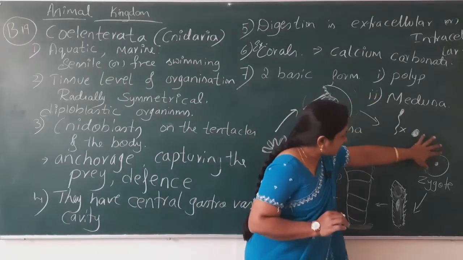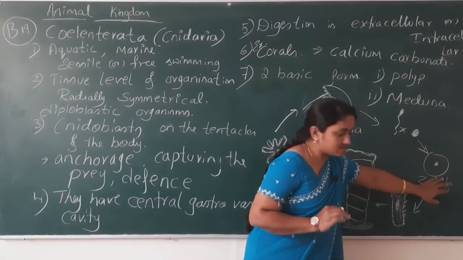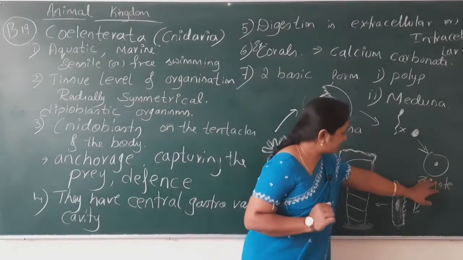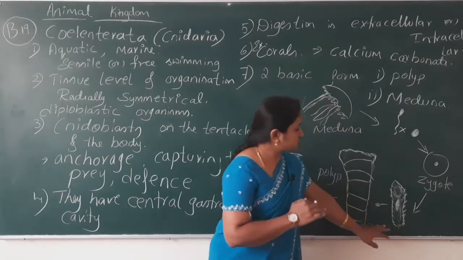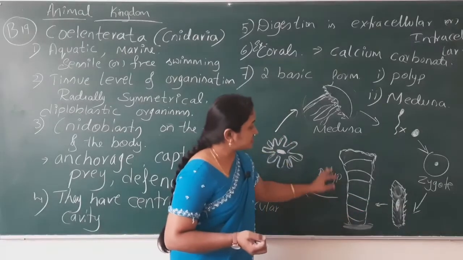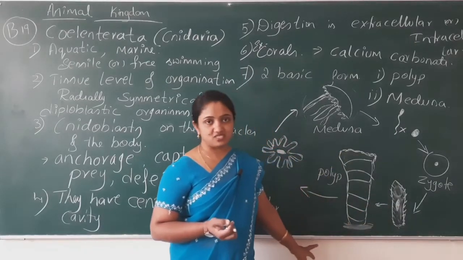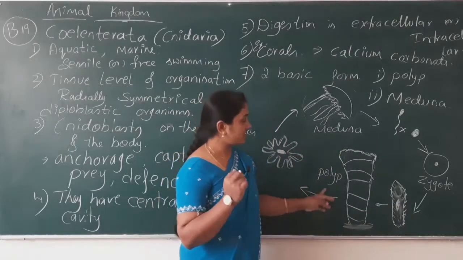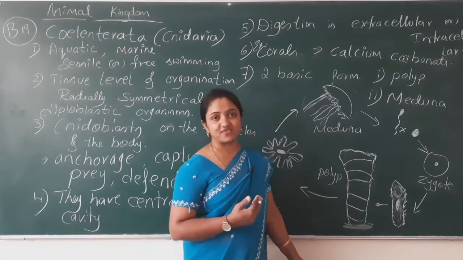After the formation of zygote, after finishing the fertilization, it comes to the ephyra stage, and then finally it reaches the polyp stage. After that, it is not going to end its life cycle.